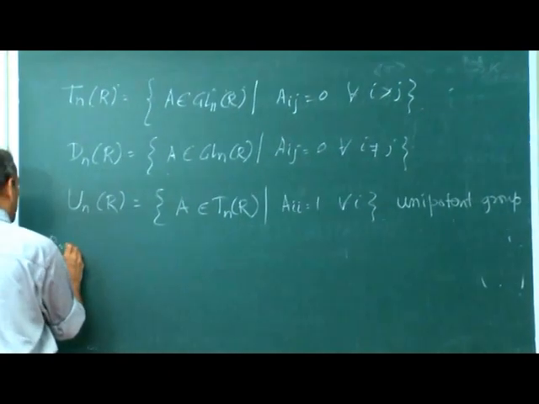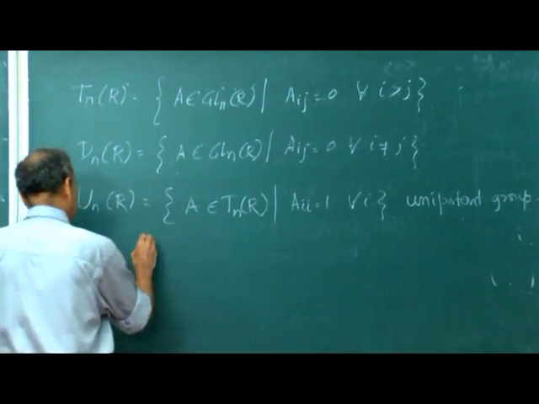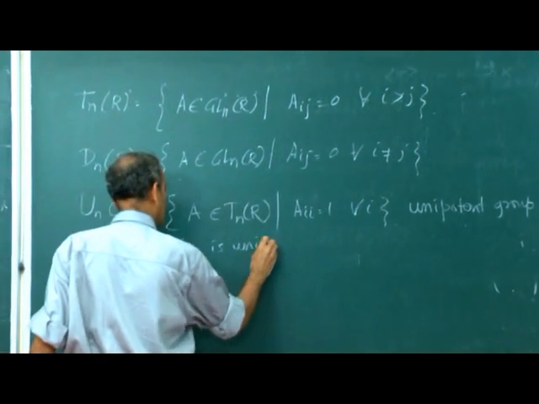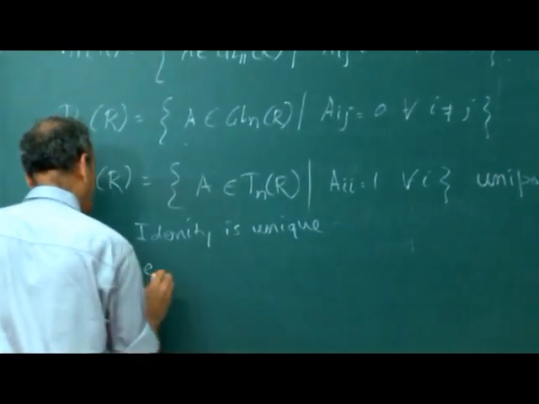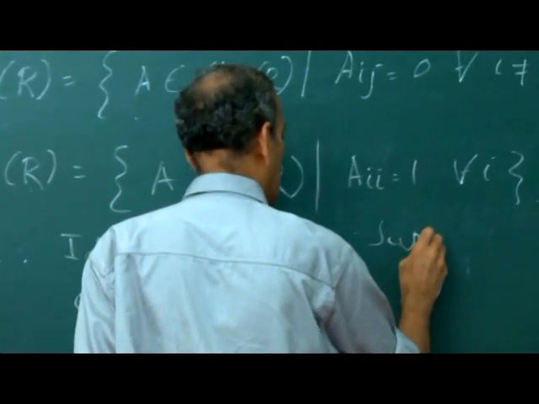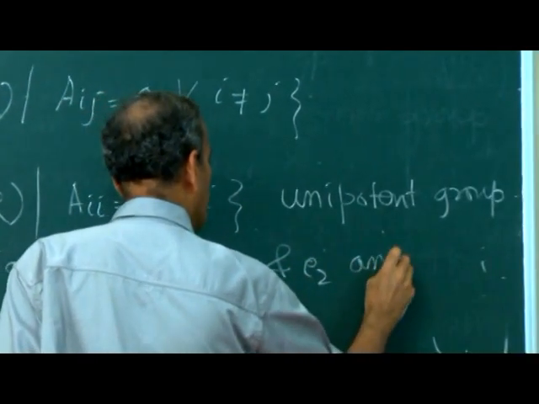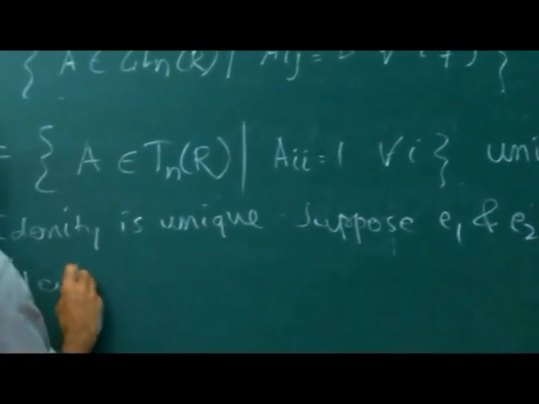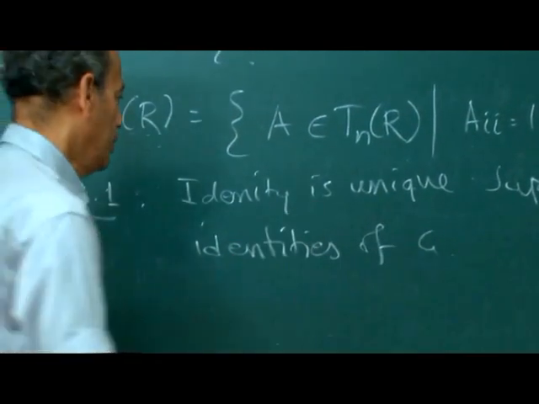Property number 1: identity is unique. For example, suppose there are two identities, e1 and e2, of G. Then we have to show that they are equal.